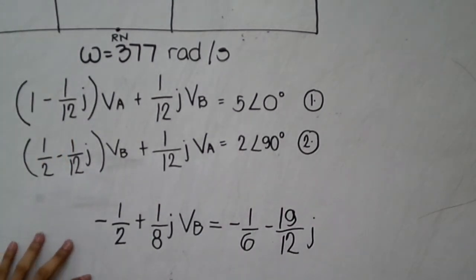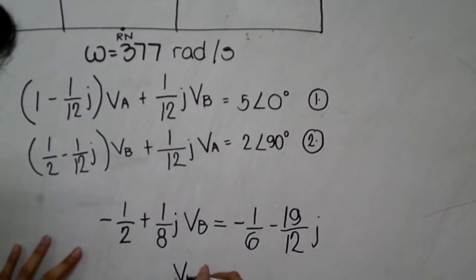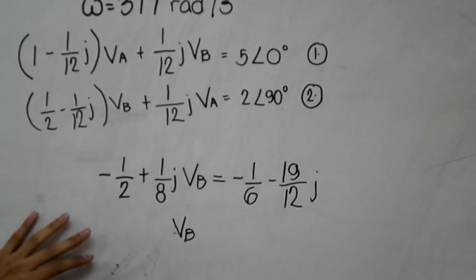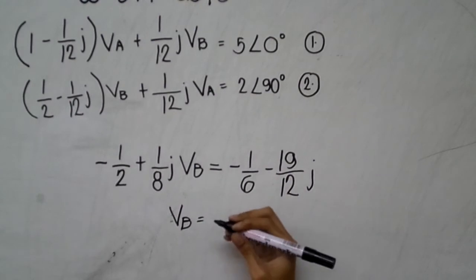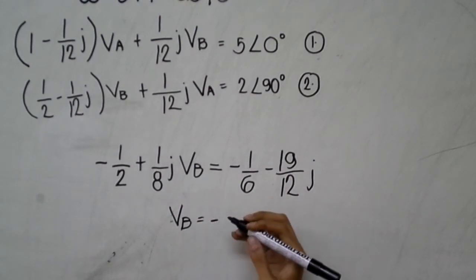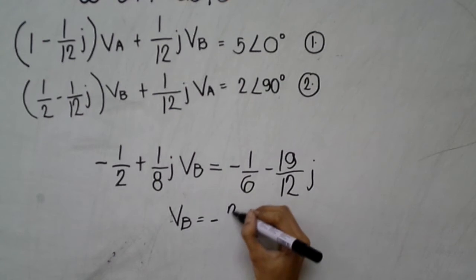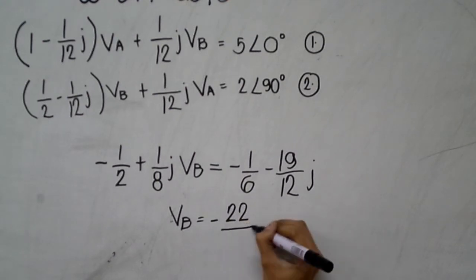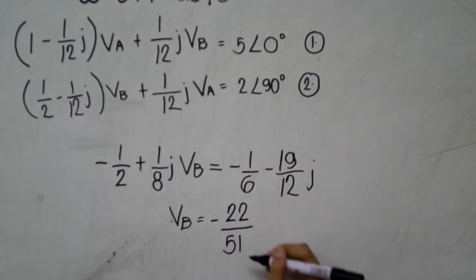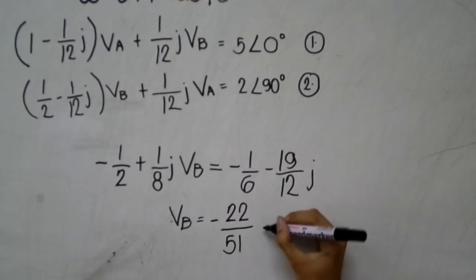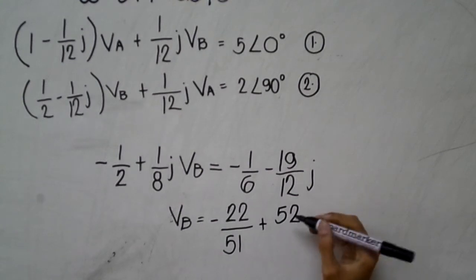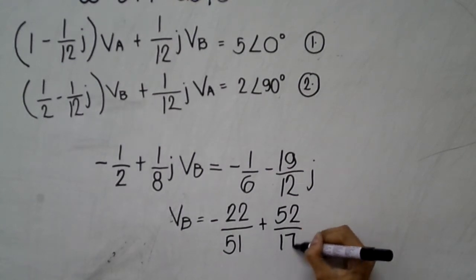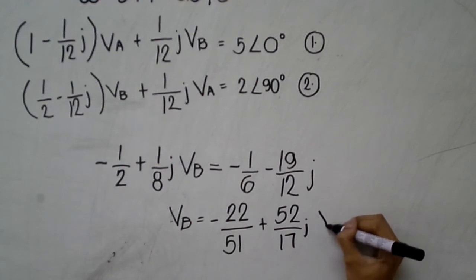From this equation, we can now get the value of VB, which is equal to negative 22 all over 51 plus 52 all over 17j volts.